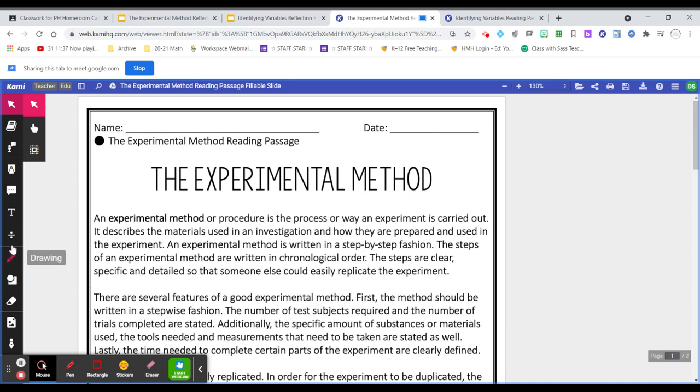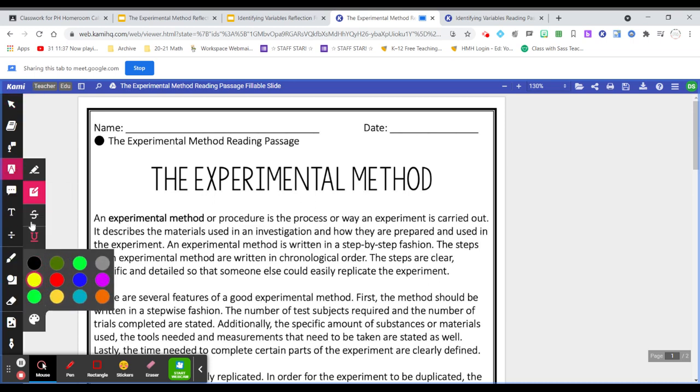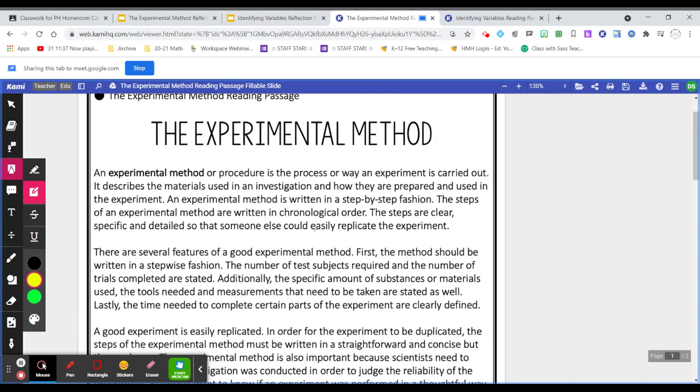Okay. So I'm going to use my highlight tool to highlight some stuff as we read through. So just follow along as I read for you guys. So the experimental method or procedure is the process or way an experiment is carried out.